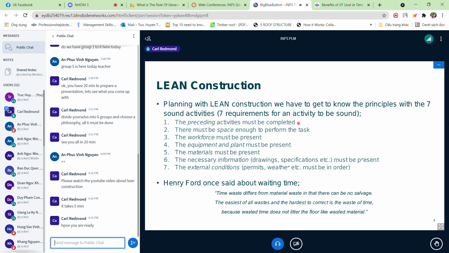So it's important that everything's done at the right time, in the right order. So that's sort of the first thing we have to think about.